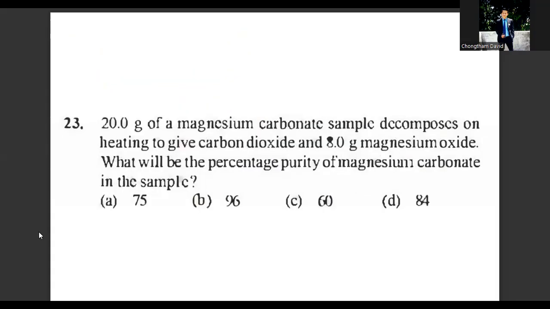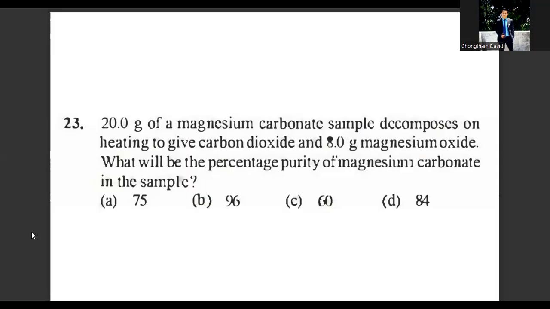23. 20 gram of a magnesium carbonate sample decomposed on heating to give carbon dioxide and 8 gram magnesium oxide. What would be the percentage purity of magnesium carbonate in the sample? So magnesium carbonate, when it dissociates, gives magnesium oxide and carbon dioxide gas.